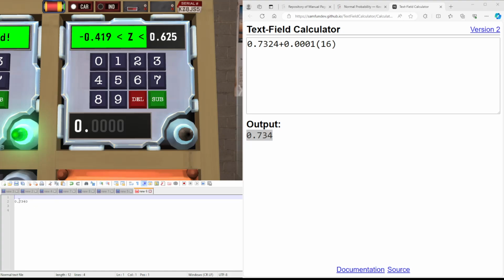Then it's over the second half. We're going to be dealing with z being greater than negative 0.419. So let me just go through the working again.